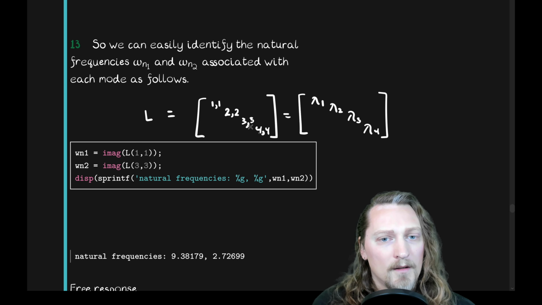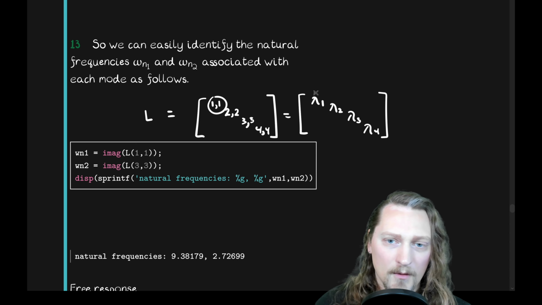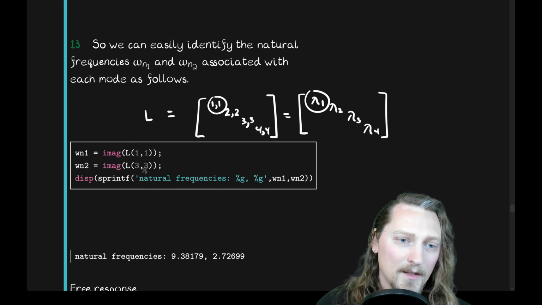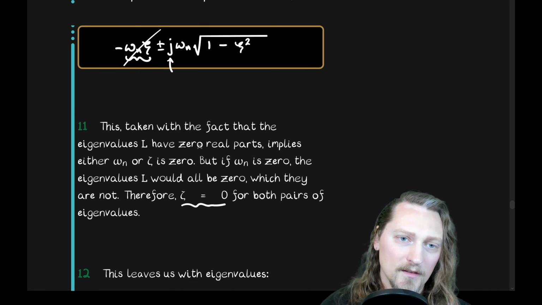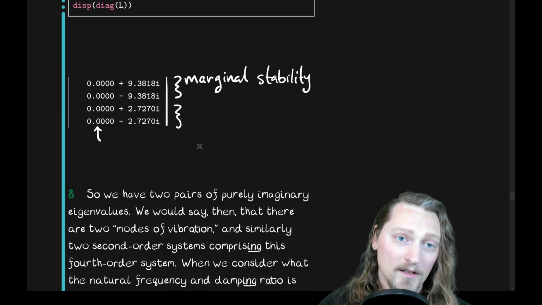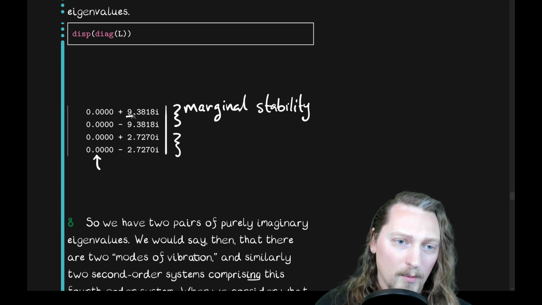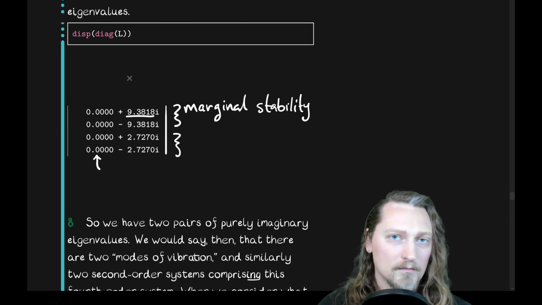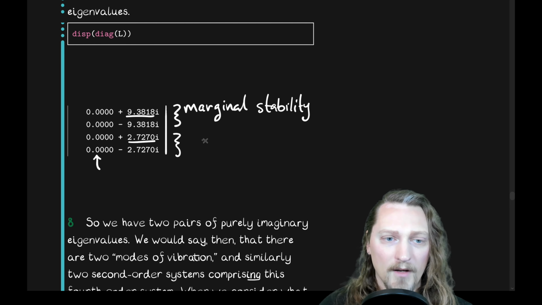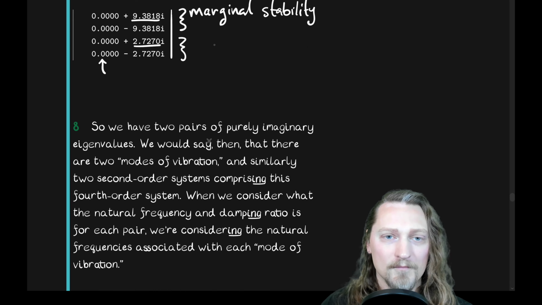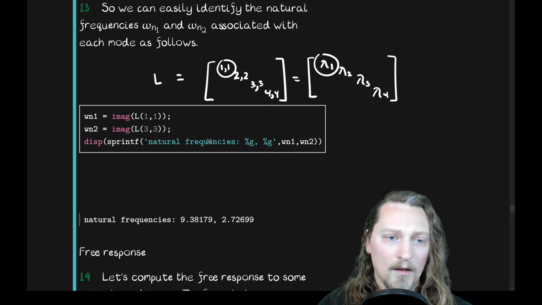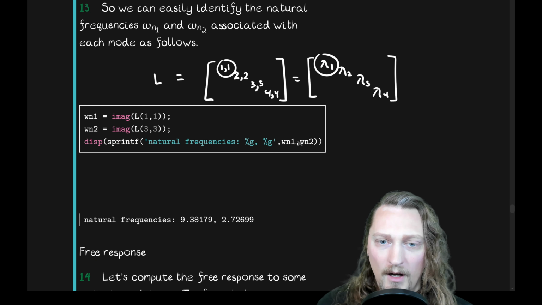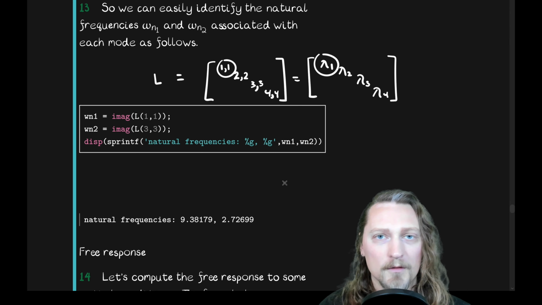So we take the 1,1, which corresponds to the first eigenvalue, and we take the imaginary part here. Going back to where we printed this out, it's going to give us 9.3818. We do the same thing with the 3,3 eigenvalue to pick out that imaginary part. The natural frequencies are just those two values.